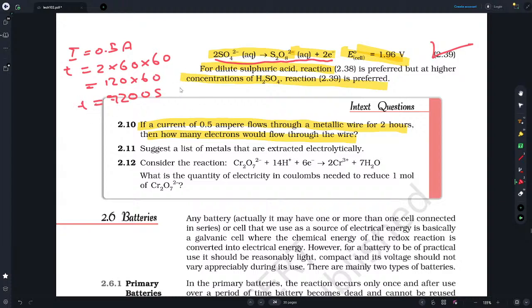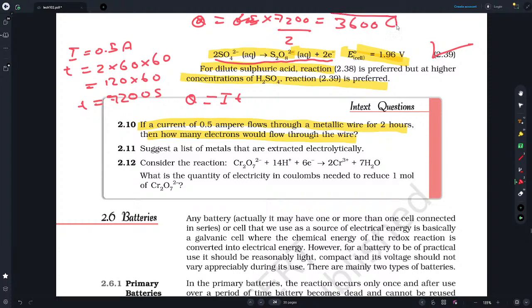They're asking how many electrons would flow through the wire. If you want to find charge, Q equals I times t. Q equals 0.5 times 7200, which is basically 7200 by 2, which is 3600 coulomb.